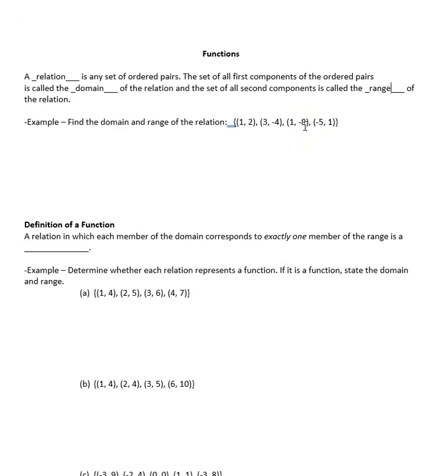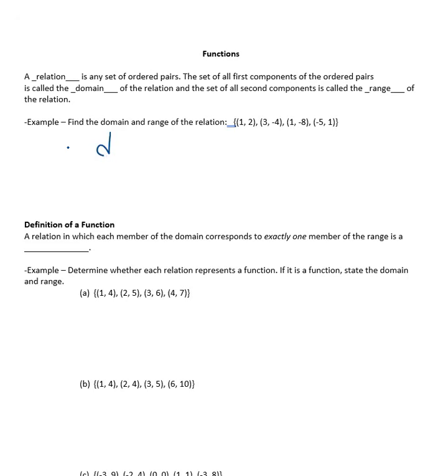Now, we can give domain and range in any set notation that we choose, but depending on how we've been given the relation, that's going to dictate the easiest option for giving the domain and range. In this case, notice that we were given a set number of ordered pairs in roster form. So we are going to give our domain and range in roster form as well.